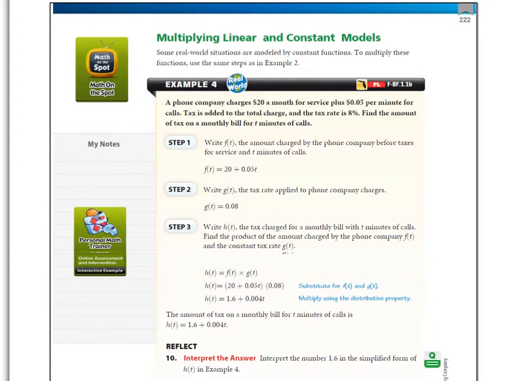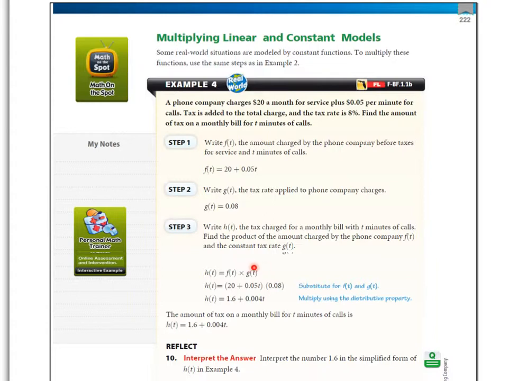And then we have tax, which is added to the total charge, which is at 8%. So here's the total charge just based off of the service and the minutes. So if we have to combine the tax with it, to find tax, you're multiplying. So we're going to take f of T times g of T, the sales tax, which means we're going to be distributing 0.08.